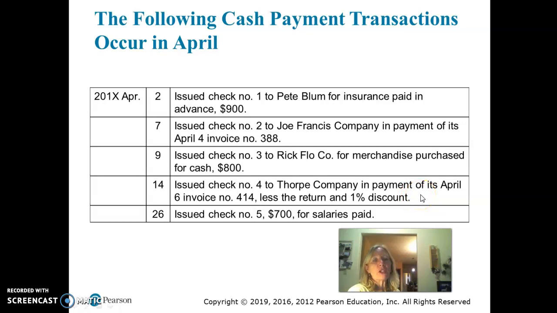The first thing you're going to do is remember that your debit is going to decrease the accounts payable. Then for the 1% discount, you would have to go back and see how much you actually purchased and then what you returned, of course, to figure out how much you owe, and then take the 1% off that.